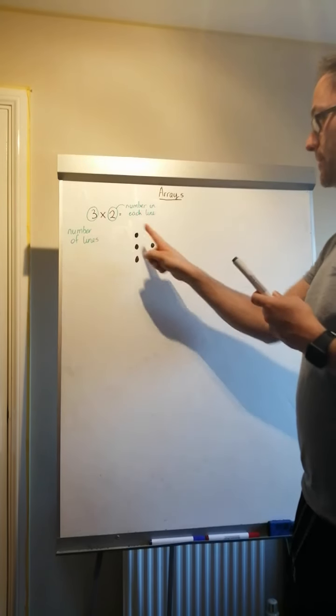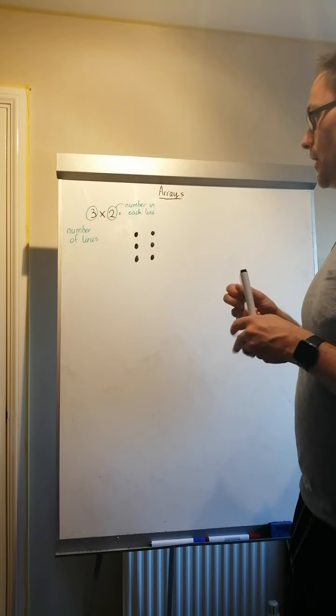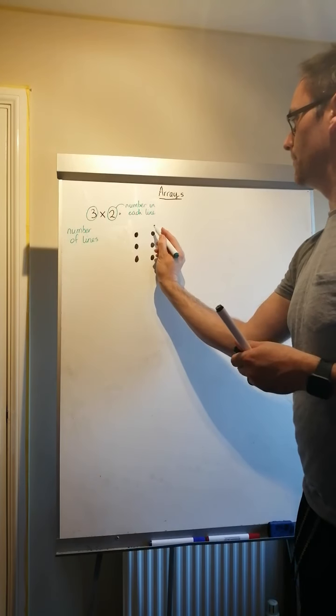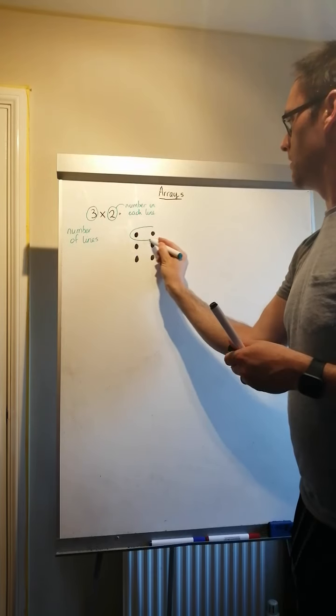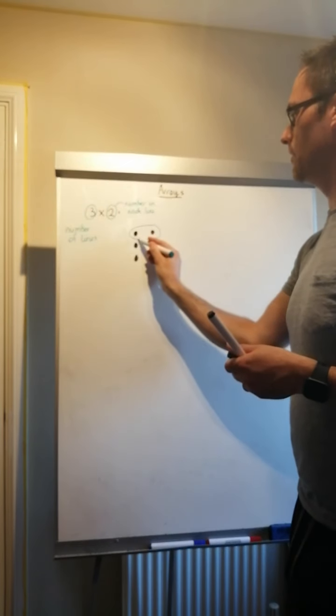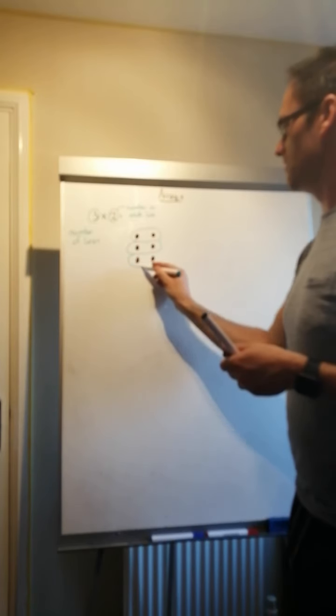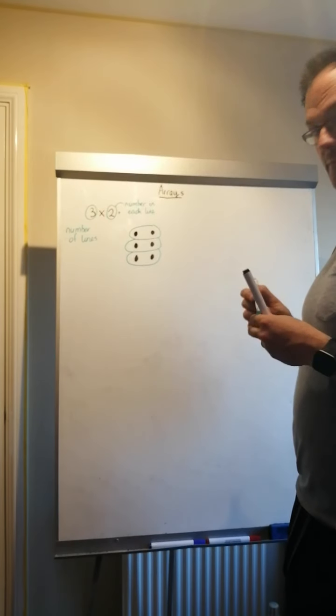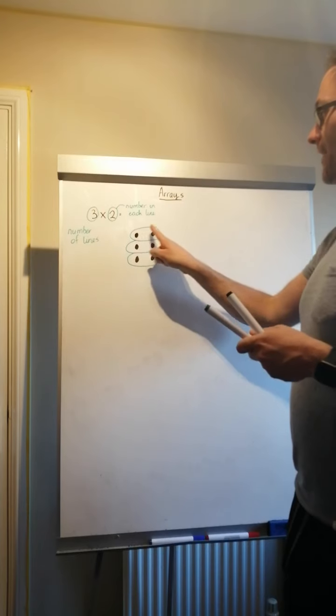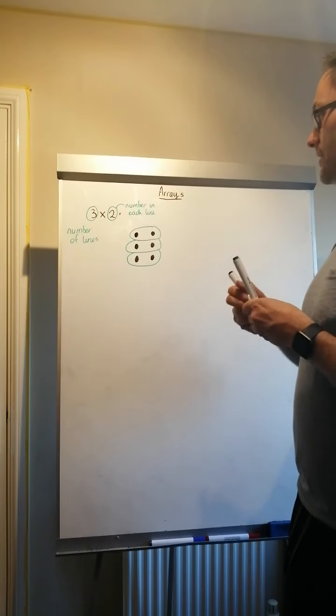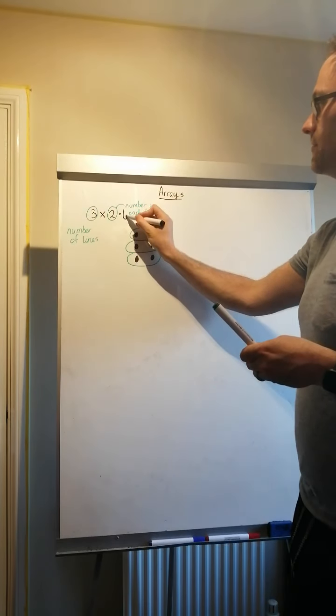We've still got groups, but they're in lines this time. So to show this, there's 1 group, there's 2 groups, there's 3 groups. So I can then count up the dots and I can tell you that there is 6.